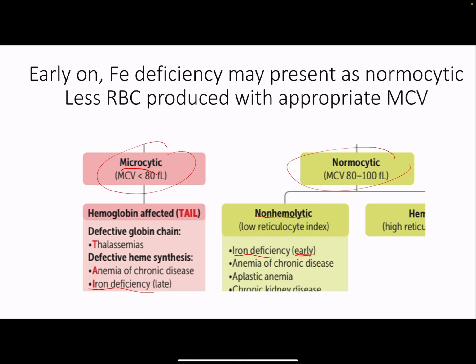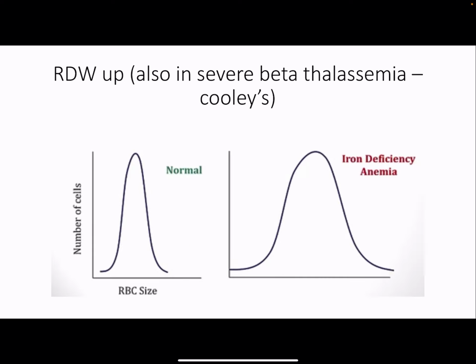Eventually, you start producing fewer red blood cells, and they're smaller as well. So the RDW is up. So a kind of anisocytosis. Our width is up. We saw this with beta thalassemia, also known as Cooley's anemia as well.